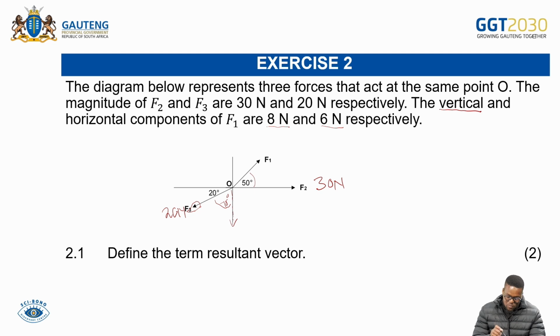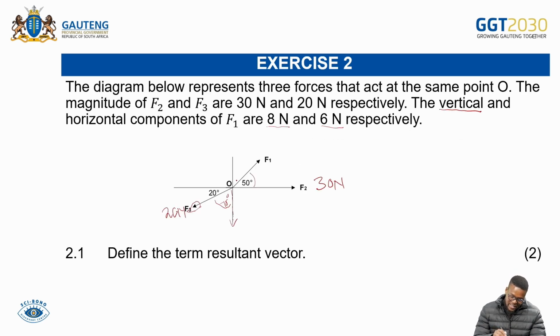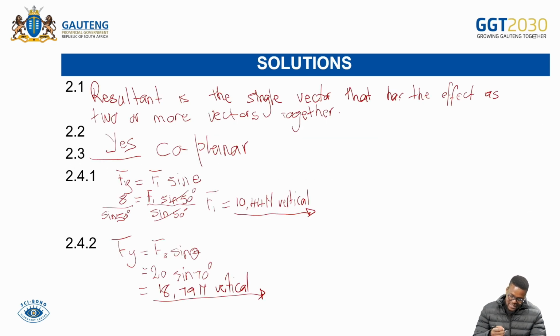If you are looking at 2.4.1, the angle between F1 and the horizontal is 50 degrees, right? So we're supposed to use this angle here, which is 40 degrees, not 50 degrees. So instead of sine 50, we have to say sine 40 degrees.